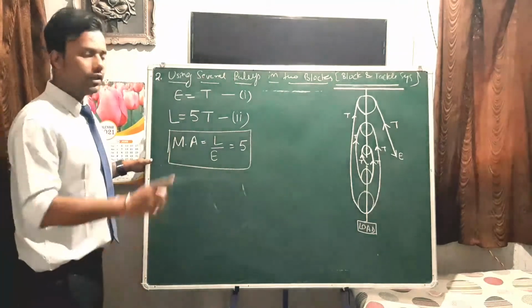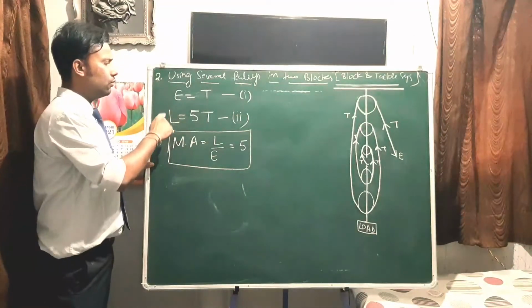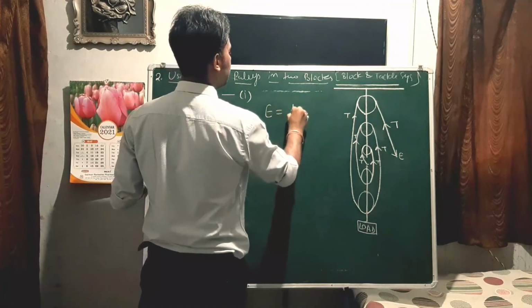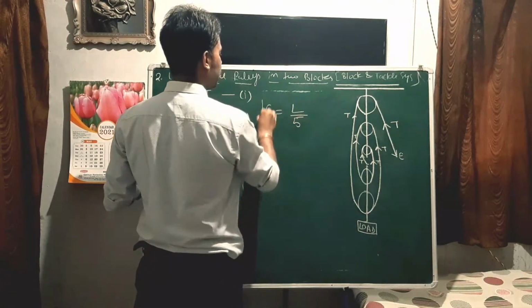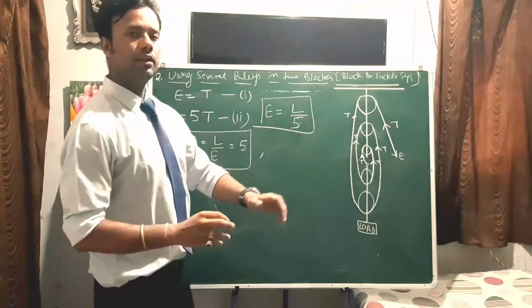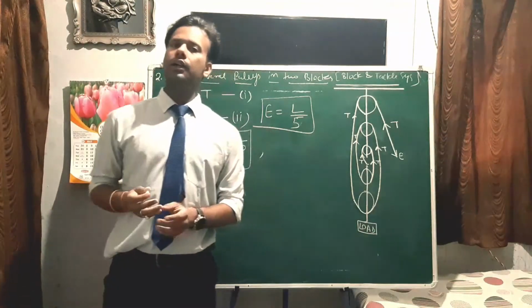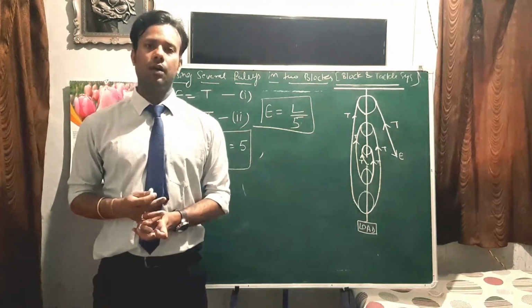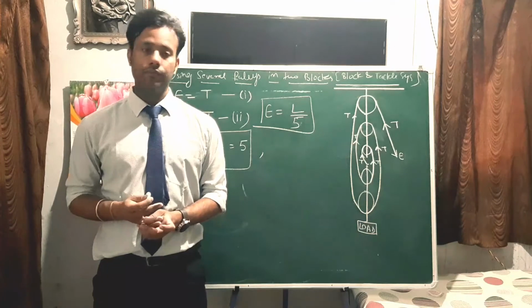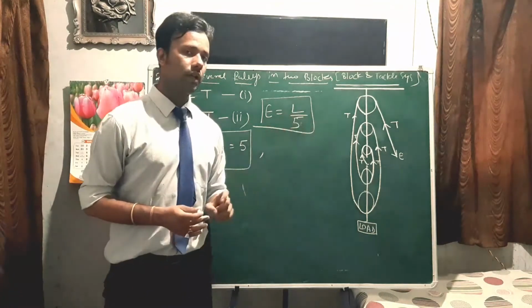If we see here, what is the relation between load and effort? Here, the effort is basically load upon 5. That means if we are lifting a 100 kg weight, we have to apply the effort of only 20 kg, right? Because effort is L upon 5.